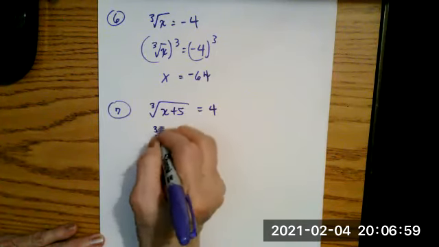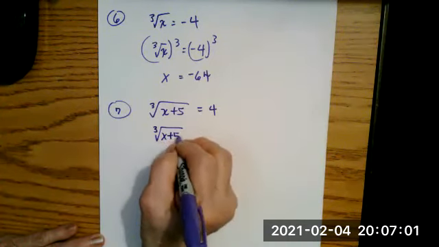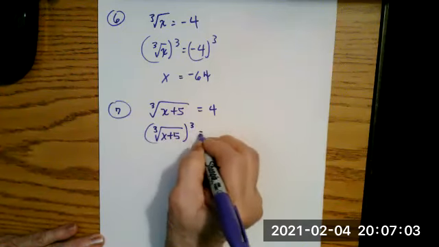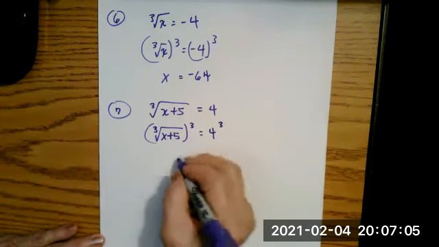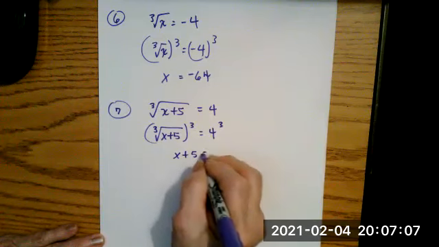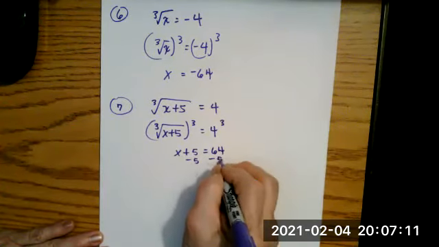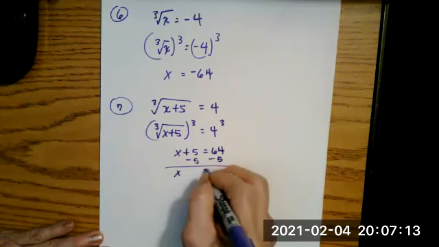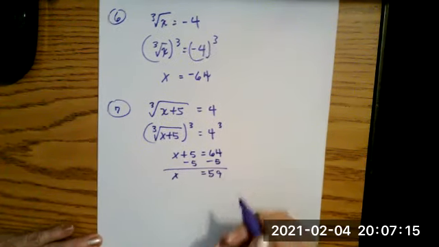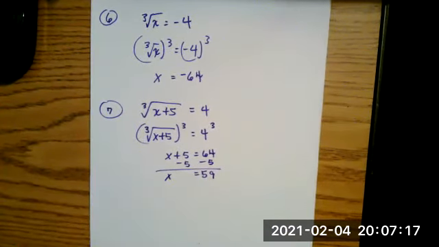You want to cube both sides. So you get x plus 5 equals 64. Subtract your 5, and you get x equals 59. Okay. Now that's all of the problems that you have to work tonight. Does anyone have a question?